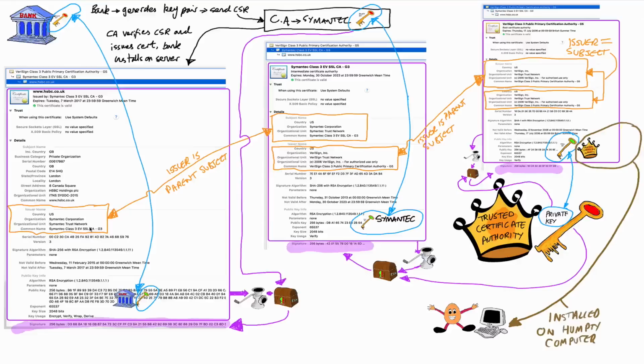So what the user could then do is add this HSBC entity as a trusted certificate authority in their own browser, and that would mean next time they access HSBC, their browser wouldn't warn them. But that kind of defeats the object of the whole thing.